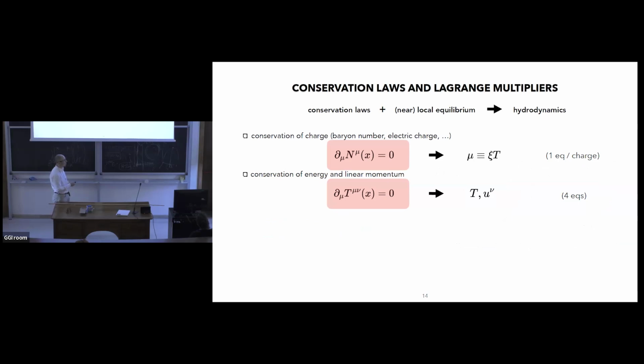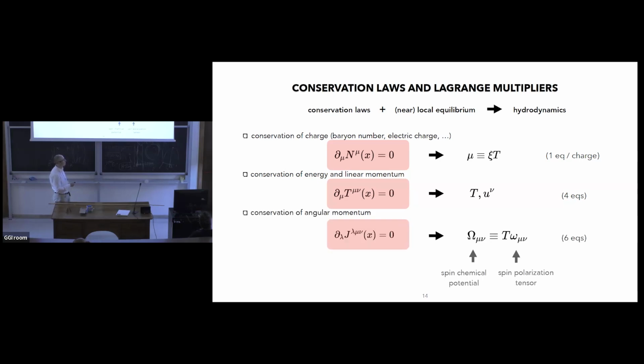You have the conservation of charge, conservation of energy and linear momentum in the usual hydrodynamics, which should be satisfied, and to do so, you have to introduce the Lagrange multipliers, which basically are fixed during the evolution in such a way as to satisfy those equations.